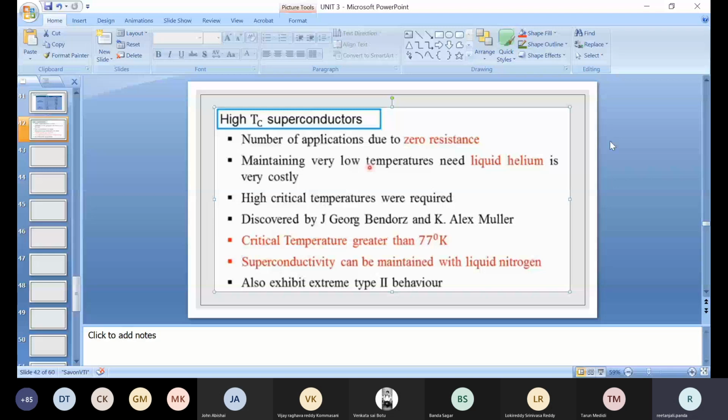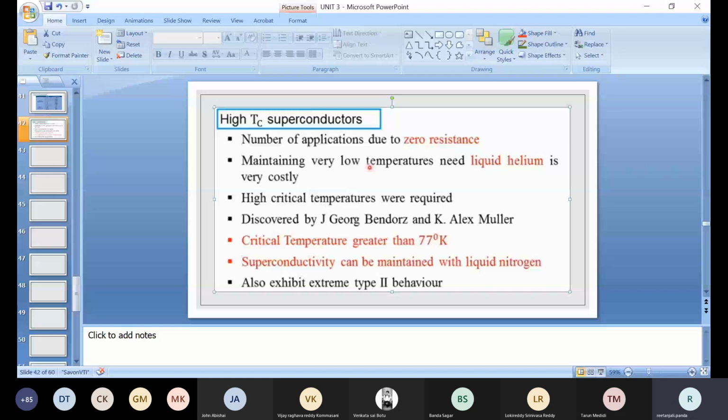Okay, so if we get any material which shows the superconducting property, that means zero resistance at a relatively higher critical temperature, then we can find multiple uses of those things. But the low temperature at which any material works as a superconductor needs to be maintained either by liquid helium or by liquid nitrogen.